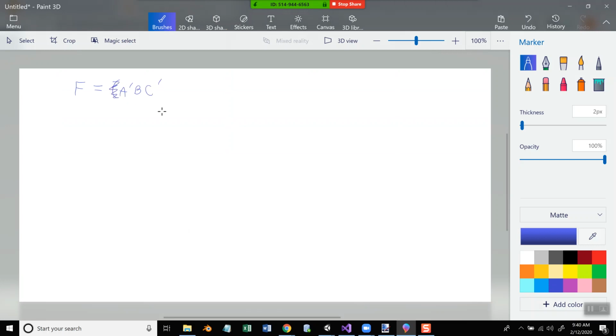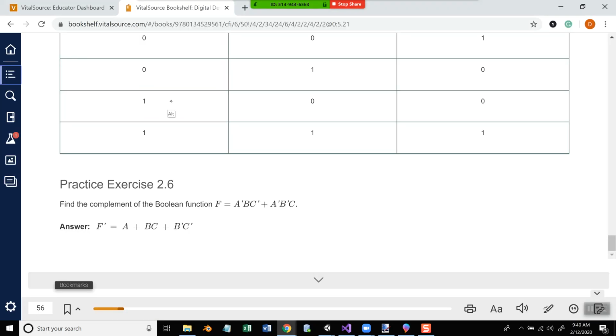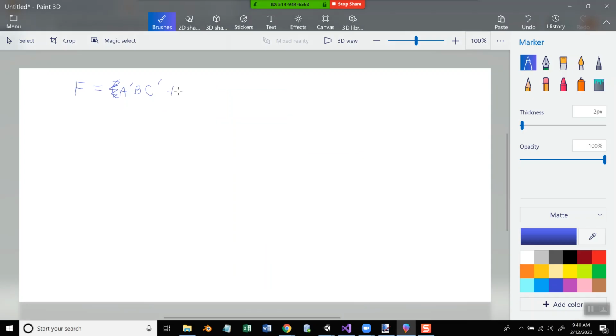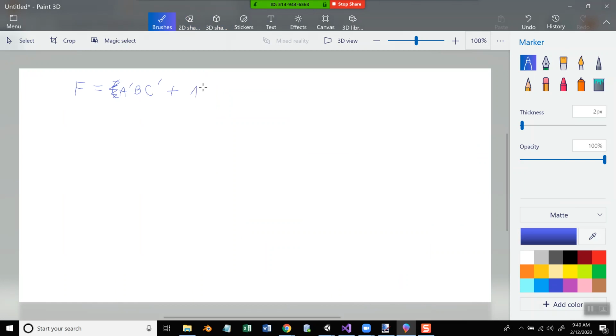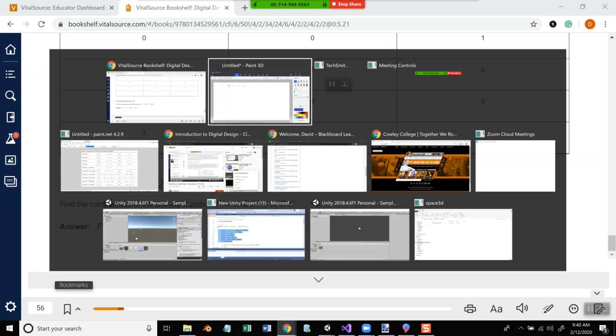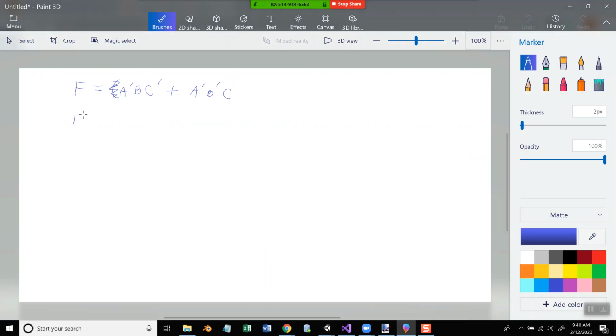I know I put that there. A prime b c prime plus a prime b prime c. Okay, so the negation of that, or complement, we have our a prime b c prime plus a prime b prime c, and then the complement of that.